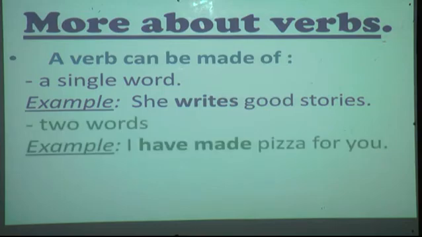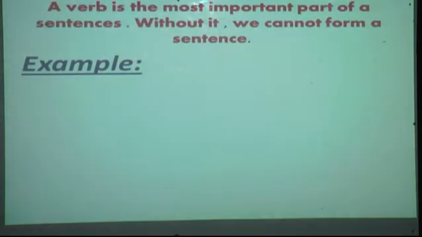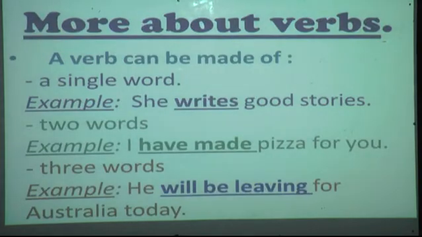Next, it can be of 2 words also. Example: I have made pizza for you. Here, if you see, there are 2 words. What is the verb? Yes, it is have made. So a verb can be a single word, it can be 2 words, and it can also be 3 words. For example: he will be leaving for Australia today.